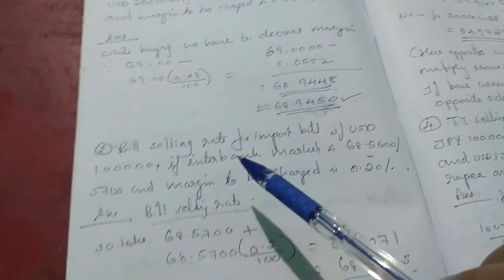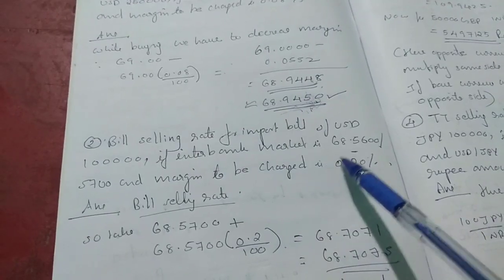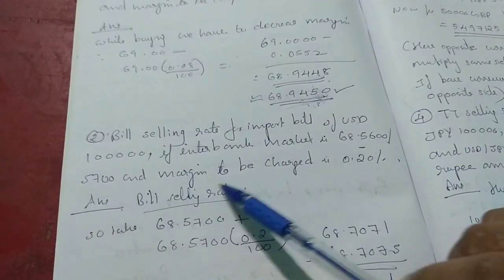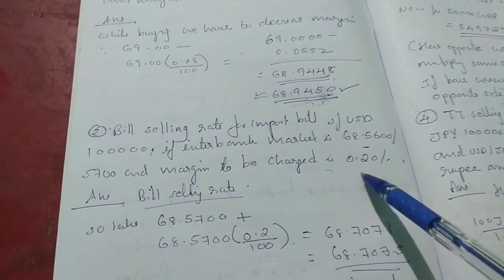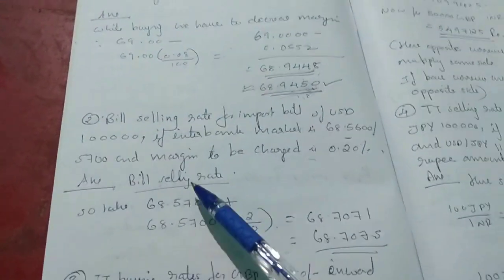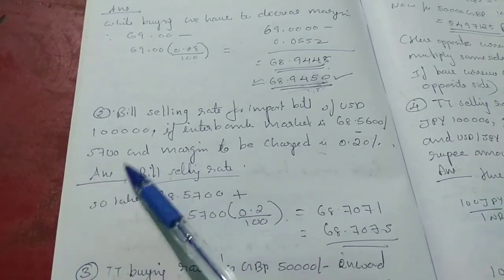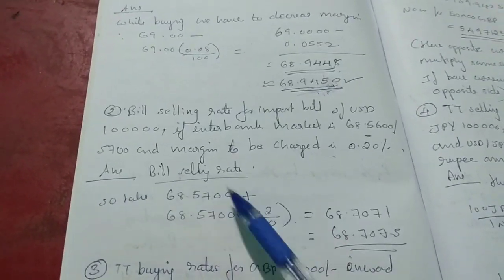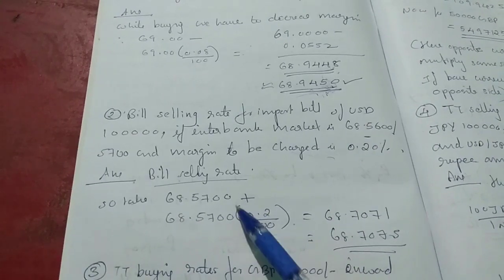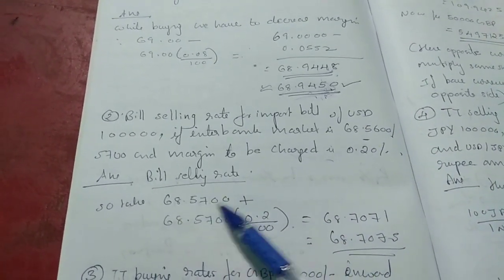Next, bill selling rate for import bill of USD 1 lakh if interbank market is 68.56/57 and margin to be charged is 0.20 percentage. Here, bill selling rate. This is buy, this is sell. So we take 68.57 plus, here it is the selling rate, so we have to add margin 0.2 percentage of 68.57.